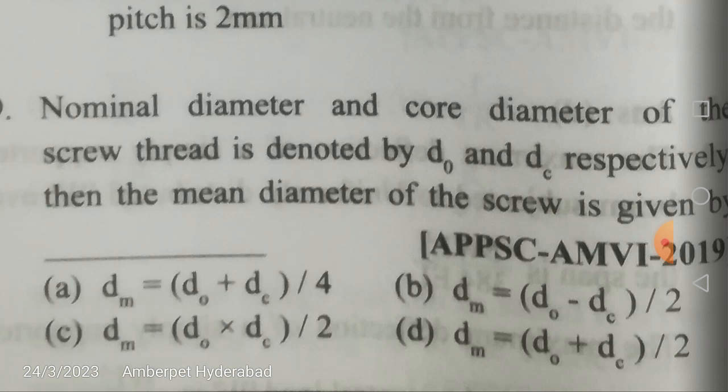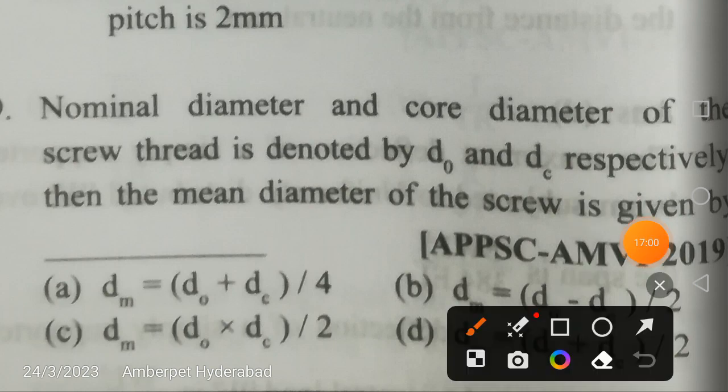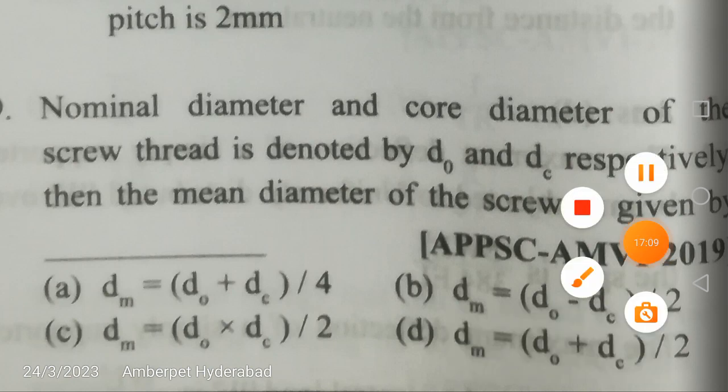It is not seen with the naked eye. It is actually an imaginary circle or diameter of your bolt or nut if you see from the side view, right? So it is the average of DO and DC. So I can mark this as (DO plus DC) by 2. The correct answer is D.